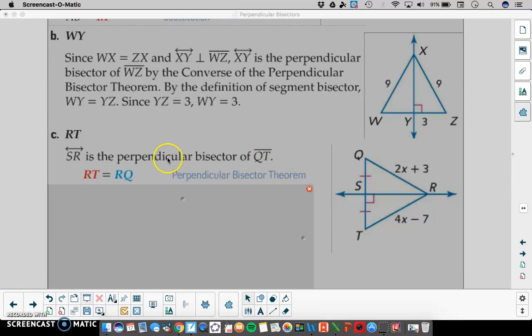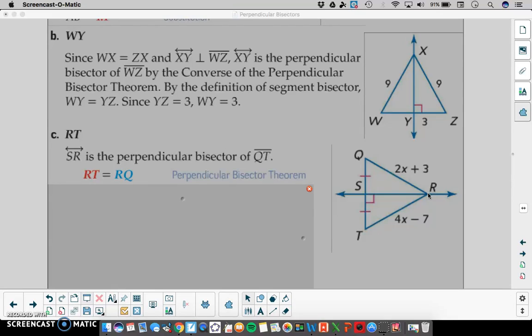Next, we want to find the measure of RT in this triangle. We notice that RS is the perpendicular bisector of QT. We know that because QS and ST are congruent, and we have the right angle at RS and QT. So far we know that this is a perpendicular bisector.